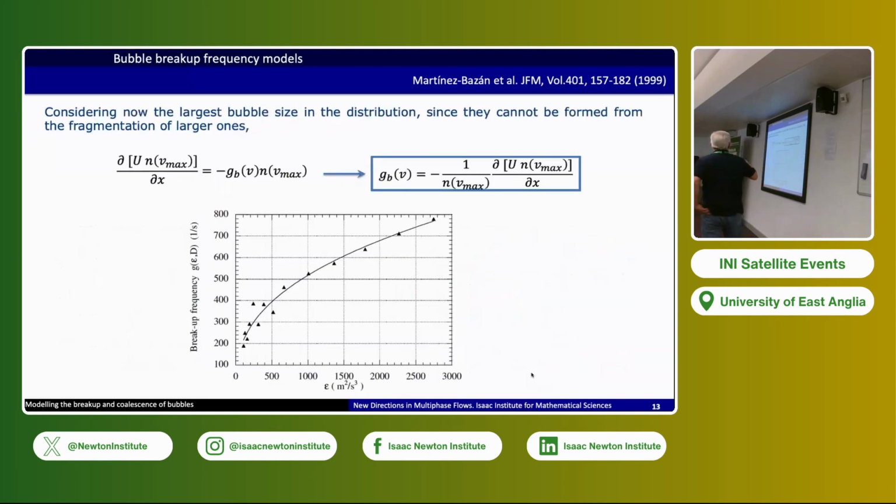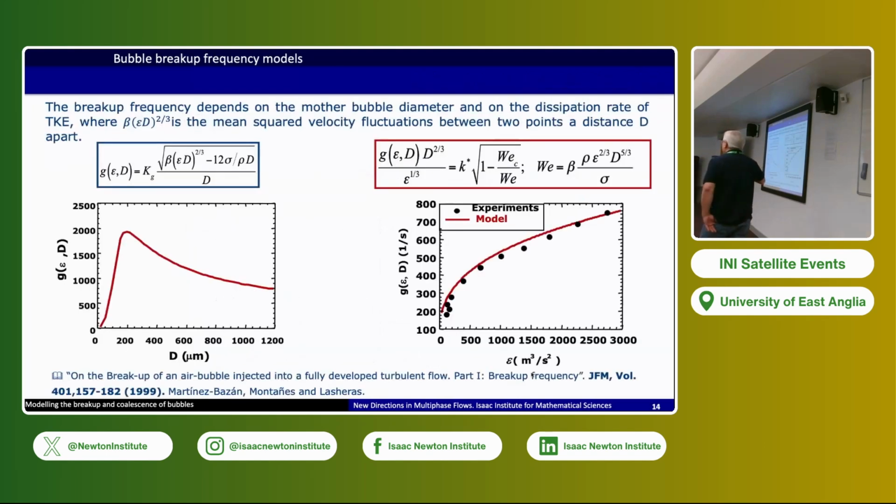So if we focus on the largest bubbles of the distribution, the equation simplifies, and we can extract the breakup frequency of bubbles of volume v. Just by measuring the flux of bubbles, the number of bubbles that we have in the distribution, we plot the breakup frequency of these bubbles versus the dissipation rate of turbulent kinetic energy. This is the way we obtain experimentally the breakup frequency, and we model it.